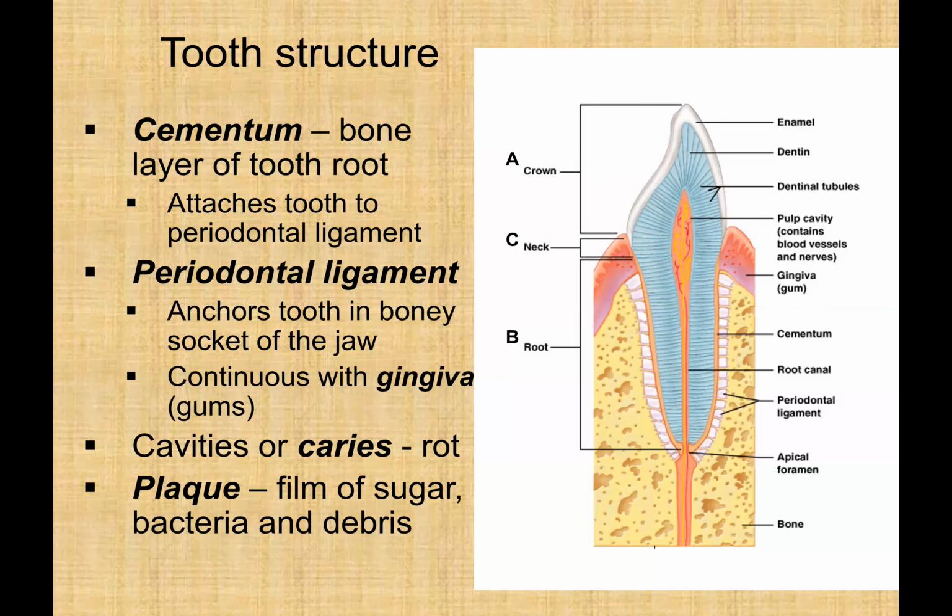The cementum is the bone layer of the tooth root, and it is attached to the bone by what we call the periodontal ligament. So the periodontal ligaments connect the roots of the tooth to the bone.